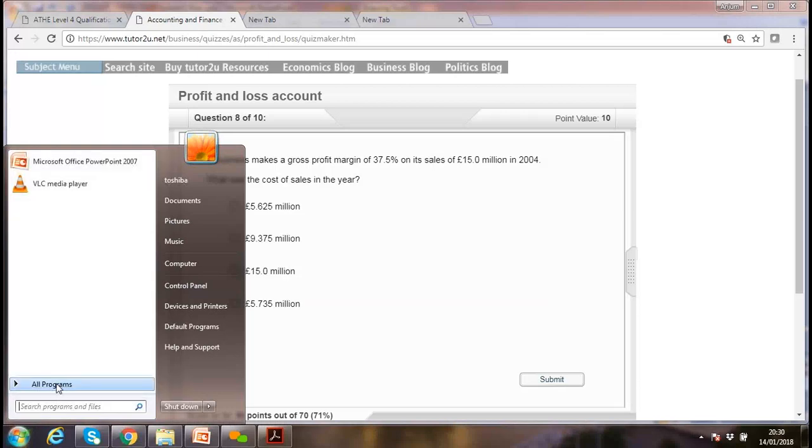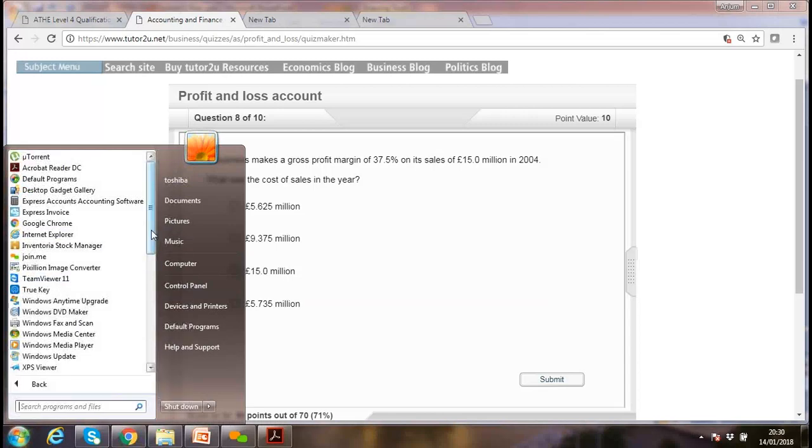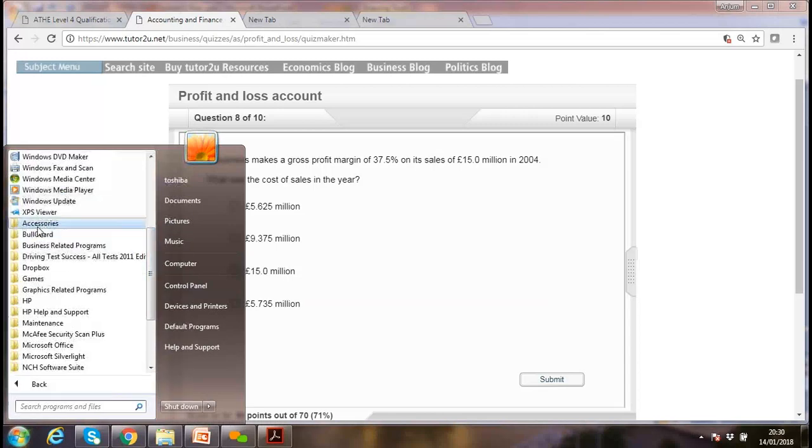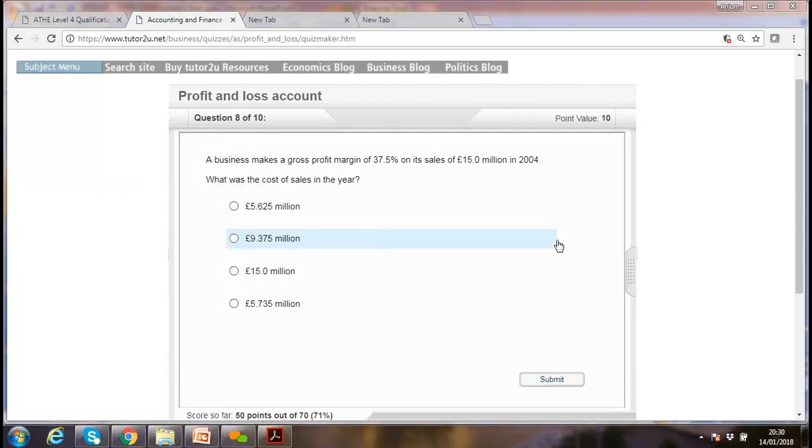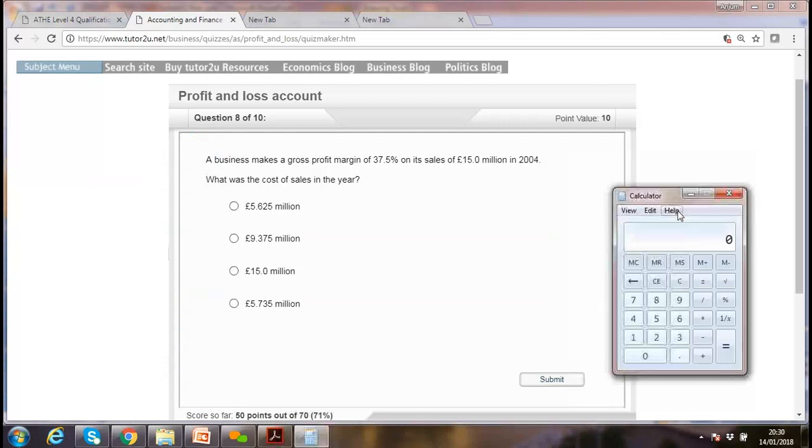So if you use a calculator, yes, under accessories if you are using a computer. Look there, 15, because my profit is 37.5. Always everything is 100%.